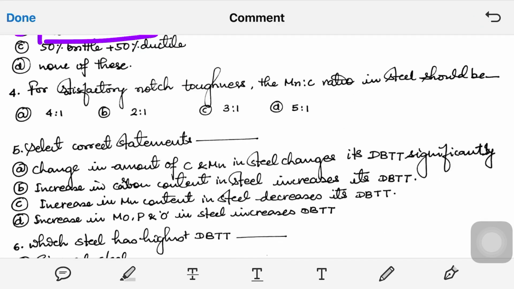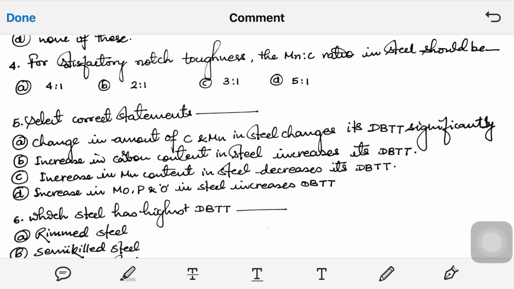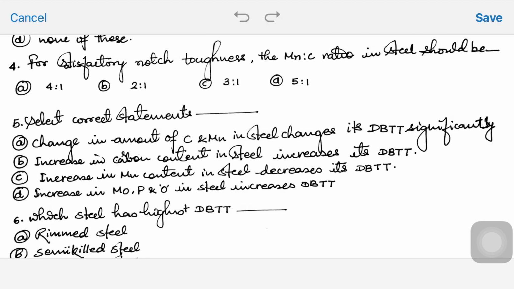Now let's move to the fourth question. For satisfactory notch toughness, the manganese and carbon ratio in the steel should be, okay, as we know that manganese decreases the DBTT and carbon increases the DBTT.